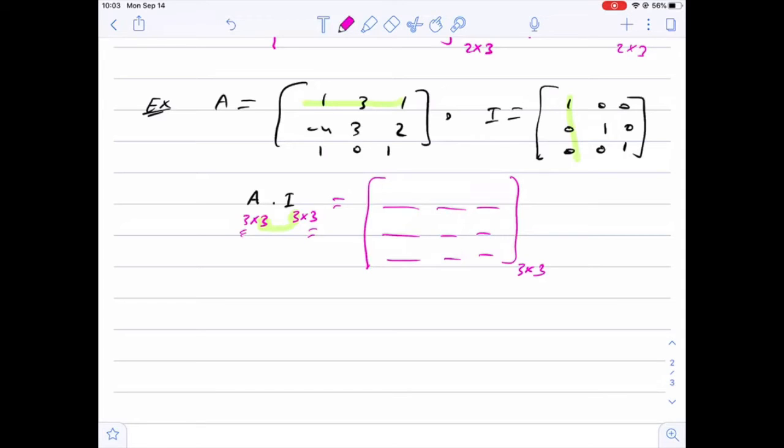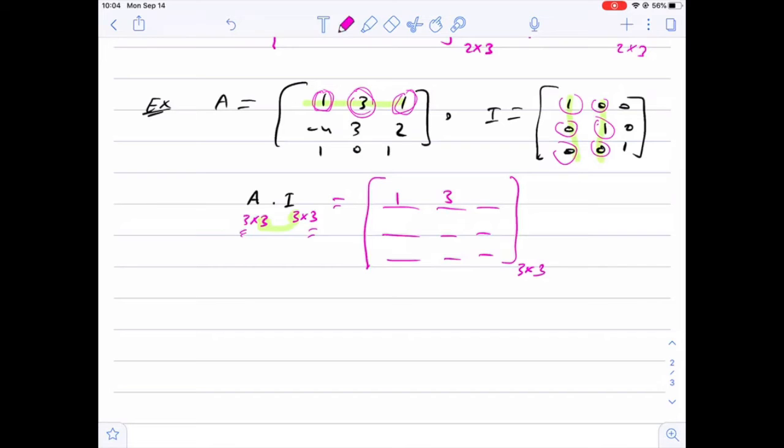How to do that? We multiply the corresponding elements and we add. So 1 times 1 is 1, plus 3 times 0 is 0, 1 times 0 is 0, so we just have 1 here. Now let's multiply it by the second column. So we have 1 times 0 is 0, 3 times 1 is 3, and 1 times 0 is 0, so we only have 3 in the first row and second column.